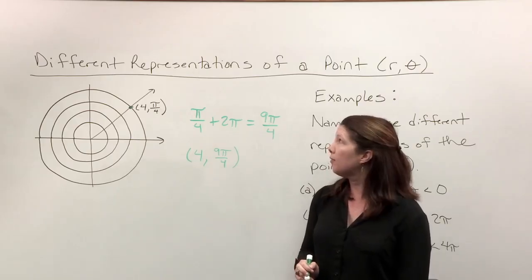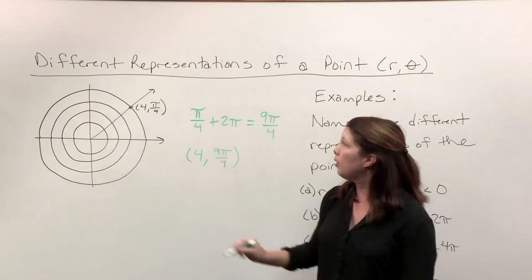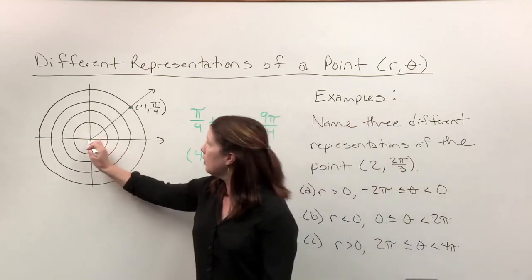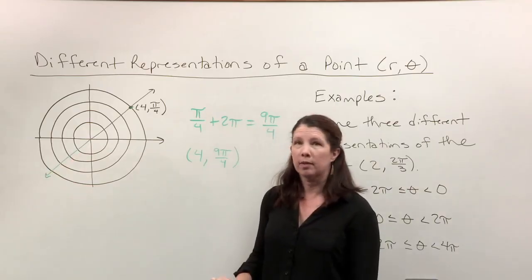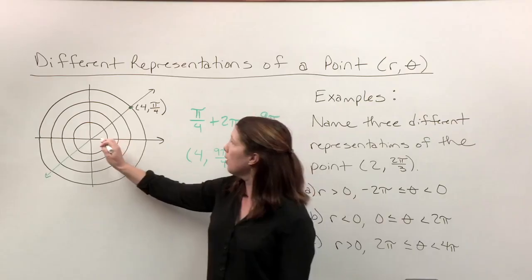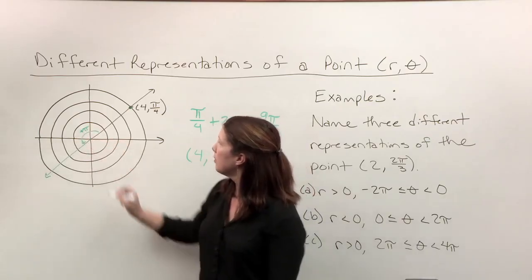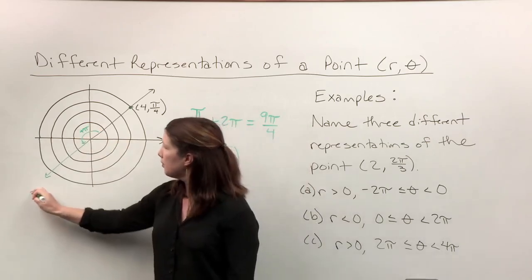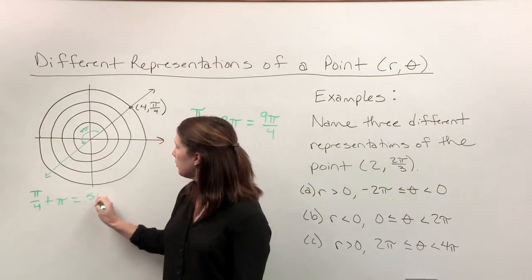Another way of naming this point, but using a negative value for r, would be to find the angle that forms a line with pi over 4. So if I take pi over 4 and add pi, I find that this angle is 5 pi over 4.